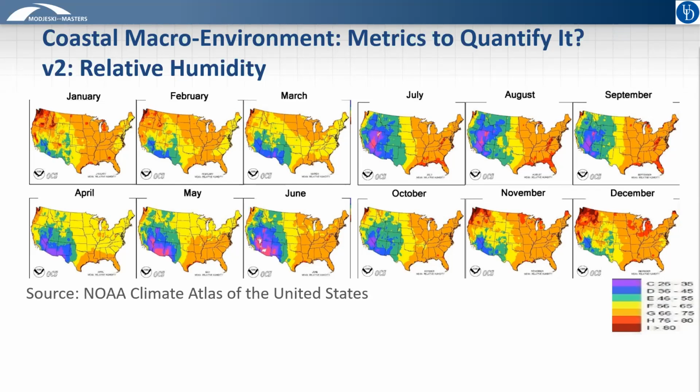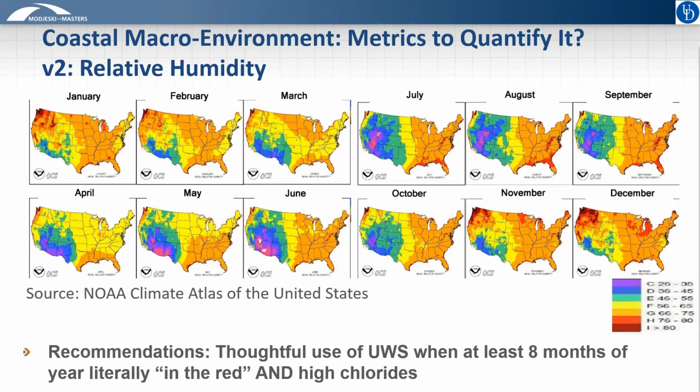So again, based on looking at field performance data, we see a correlation between when that level of humidity occurs for at least 8 months of the year, or if you want to think about this, in other words, if 8 or more months of the year are in the red, meaning an average relative humidity exceeding 75% for most of the year, we possibly have an excessive level of humidity.